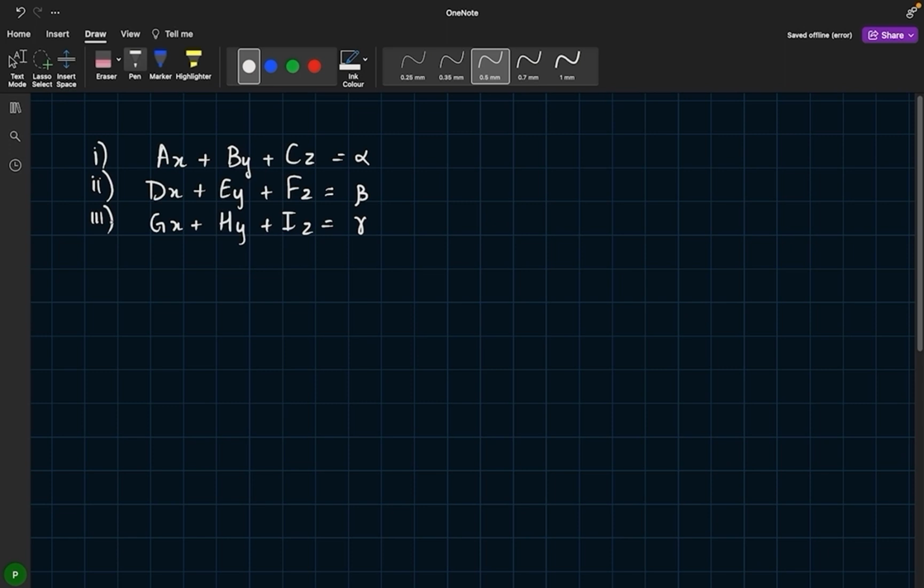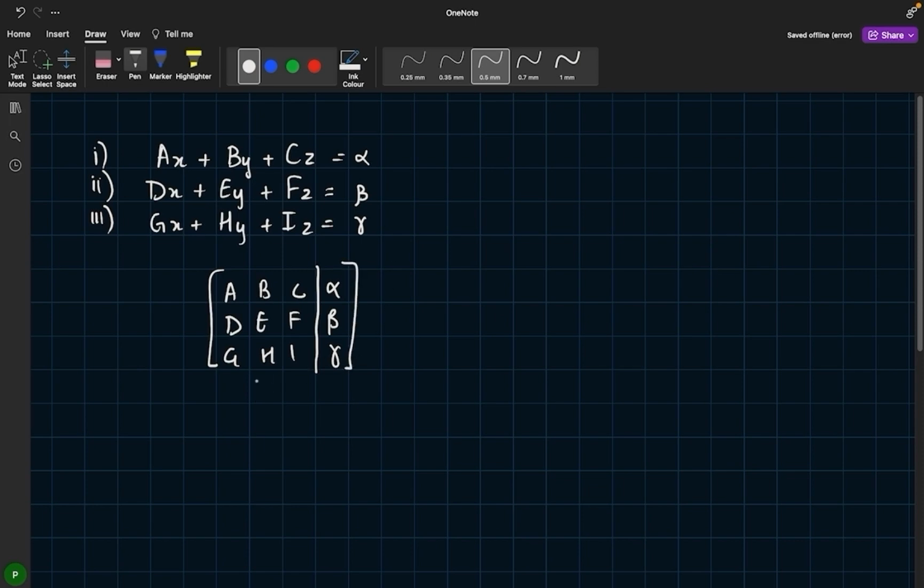Let's say, for example, you have 3 simultaneous equations with 3 variables and 3 results. You're going to turn this into a matrix as well. So what you're going to do is you're going to write A, B, C, D, E, F, G, H, and I, with their results alpha, beta, and gamma.